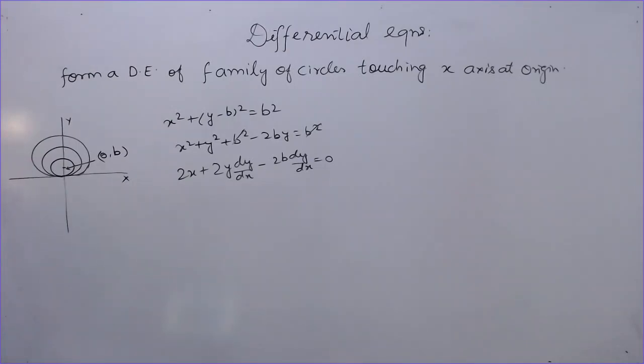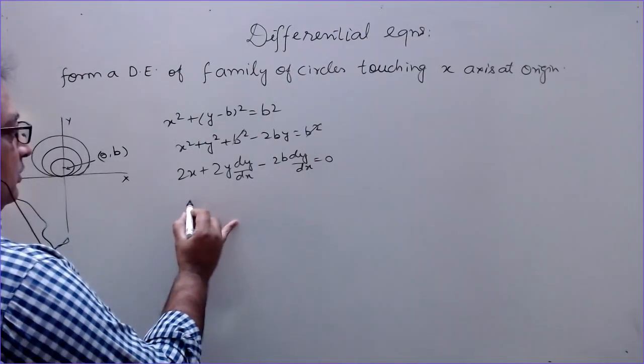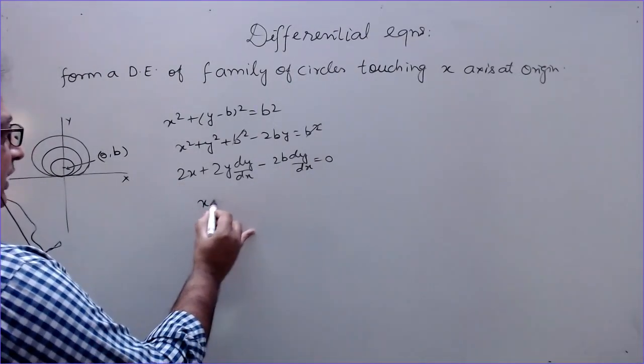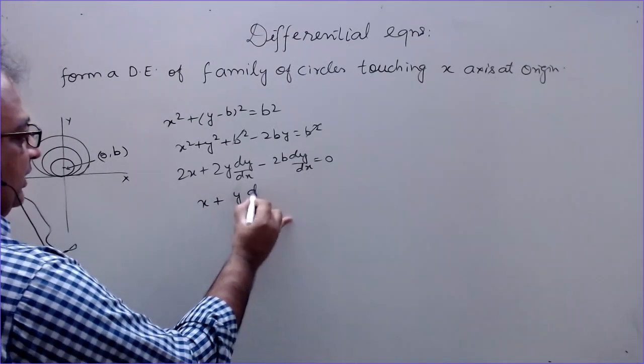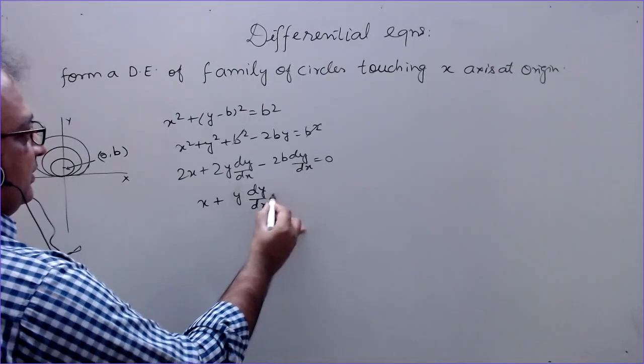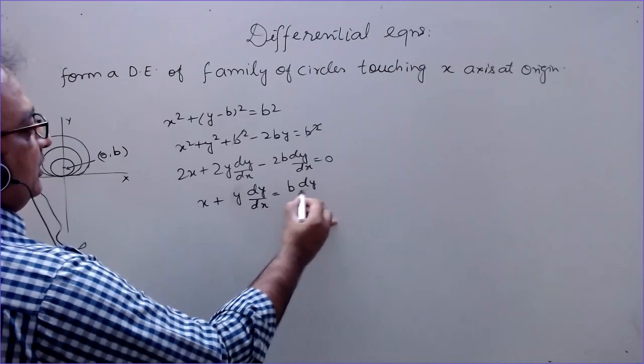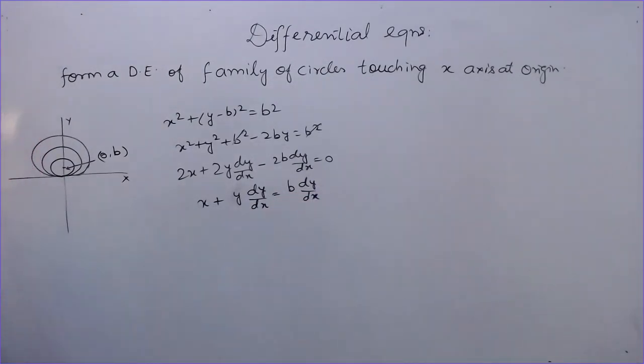We can further solve this. Two can be taken common, so x plus y dy by dx is equal to b dy by dx.